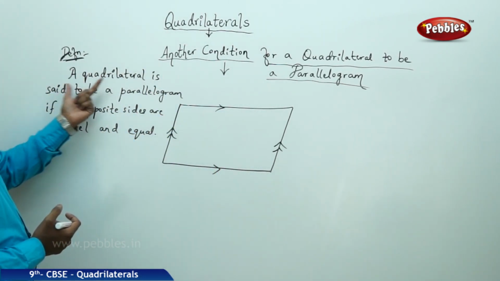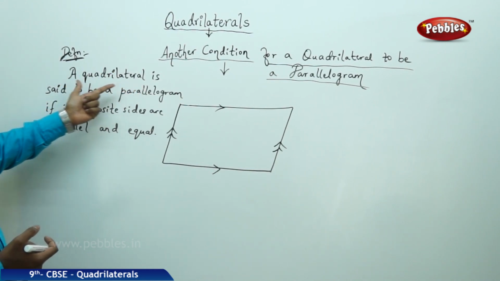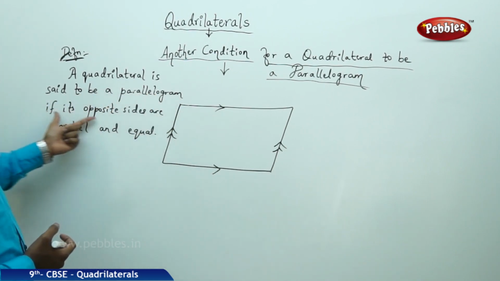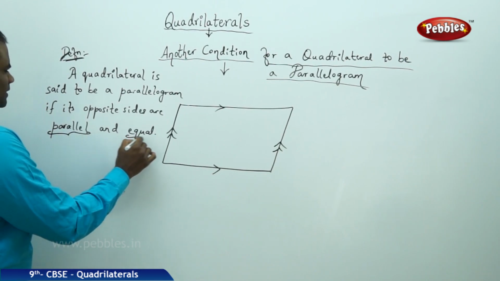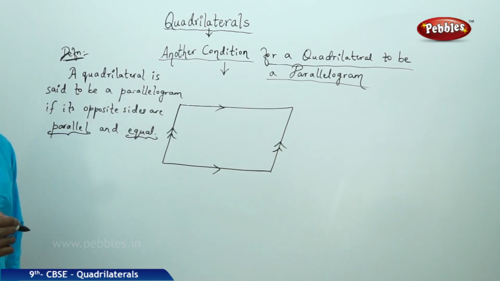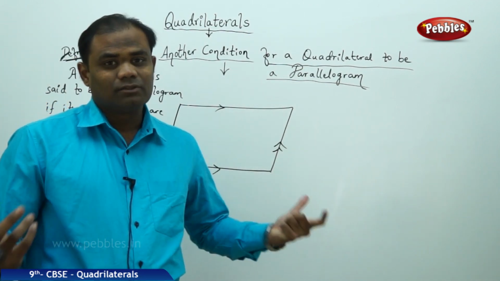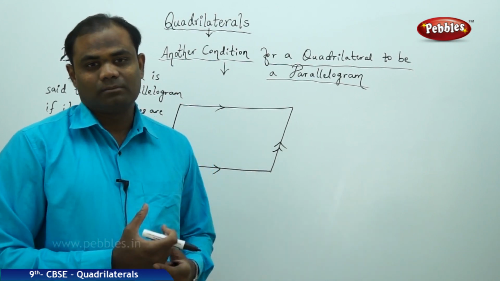So a closed four-sided figure, that is a quadrilateral, is said to be a parallelogram if its opposite sides are both parallel and equal. This is how we can combine the parallelity and equality for defining a parallelogram.